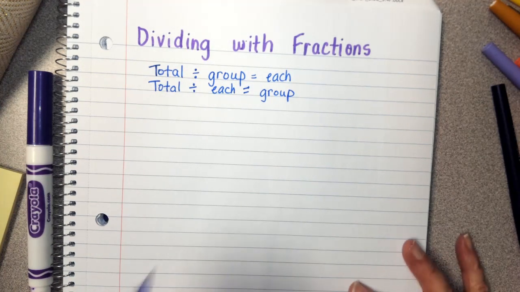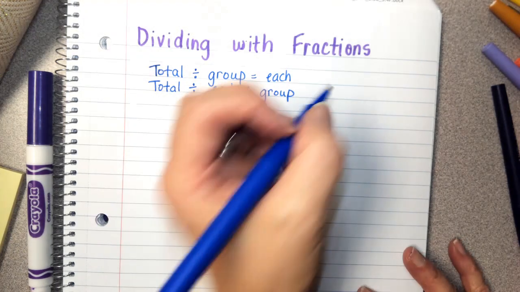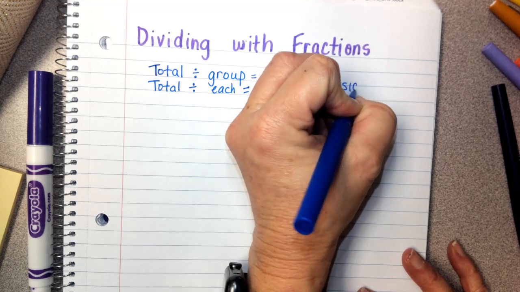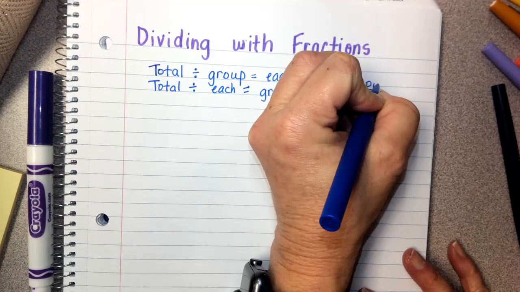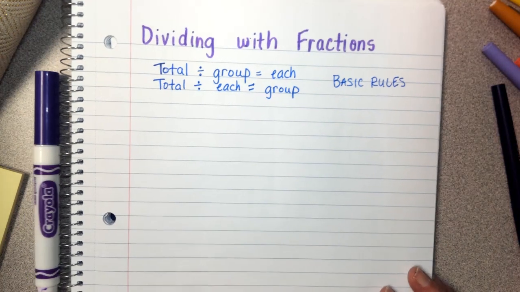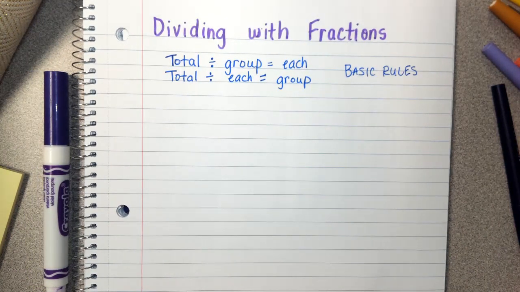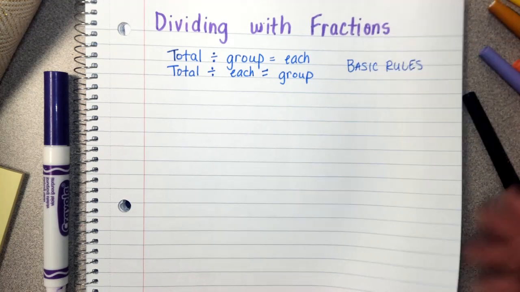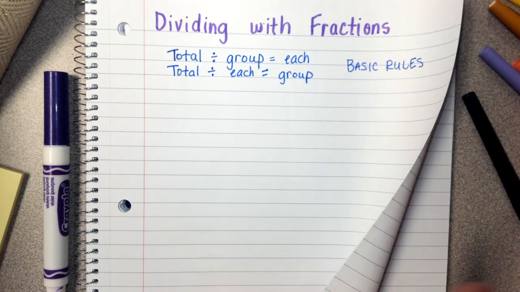And those are just some basic rules for dividing. I'm just going to write that down. Basic rules. So that applies to whole numbers, that applies to decimals as well, and even when we think about fractions.